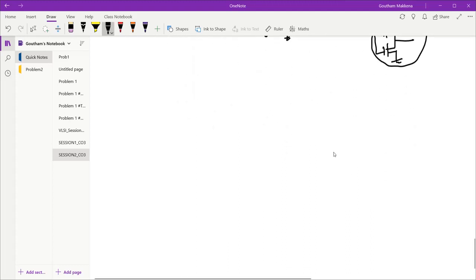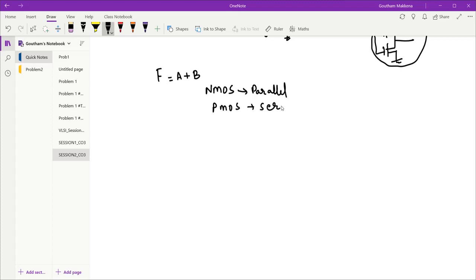Similarly, suppose I want F is equal to A plus B, an OR gate. I want an OR gate again. So this is an OR operation. For OR operation, we know that NMOS are in parallel and PMOS are in series.